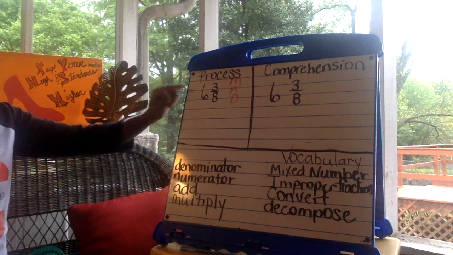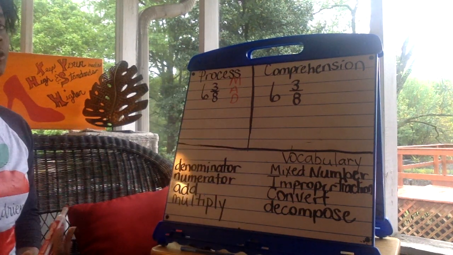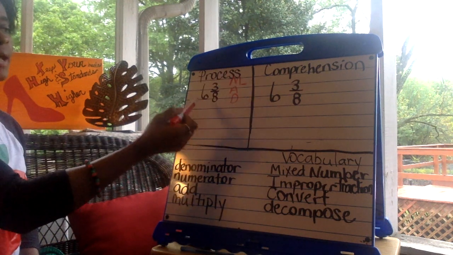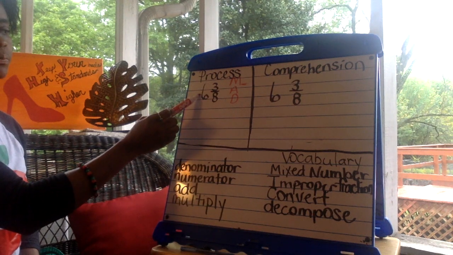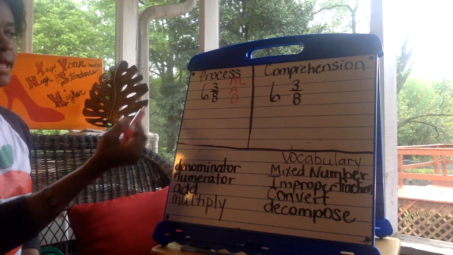So in order to change 6 wholes, 3/8 into an improper fraction, I will need to first multiply the denominator by the whole number. 8 times 6 is 48.